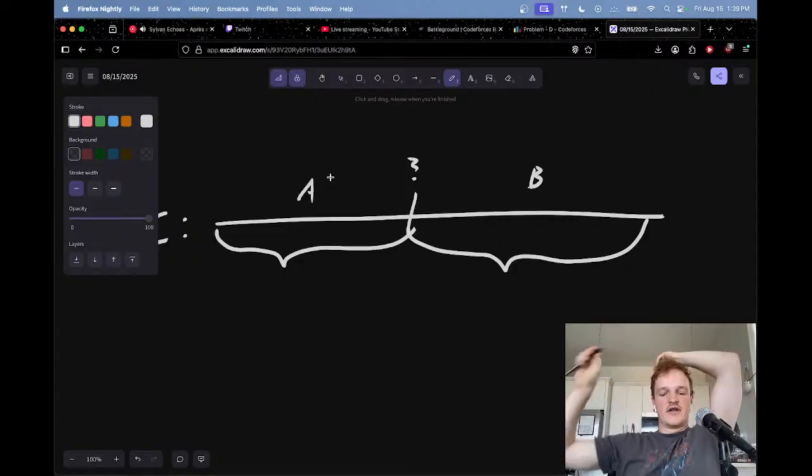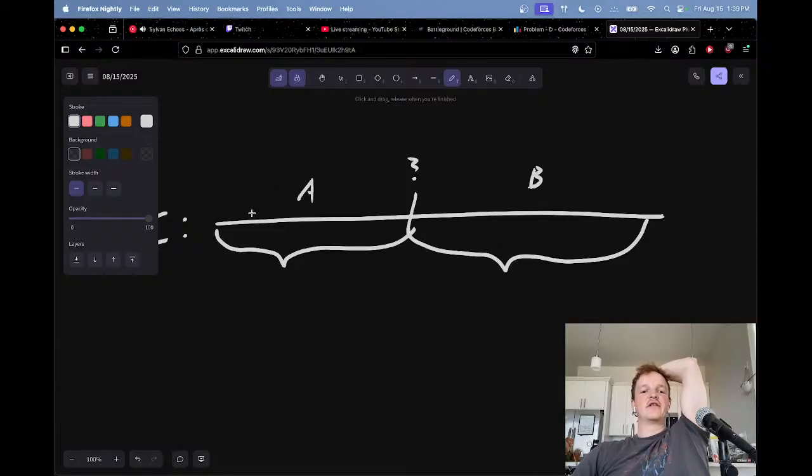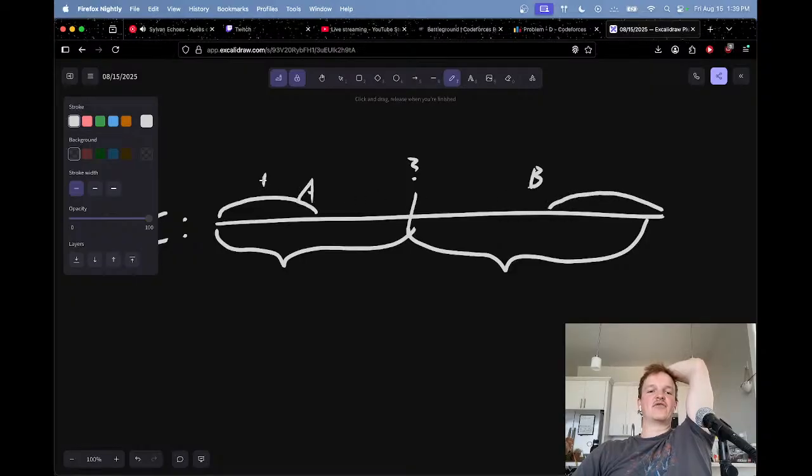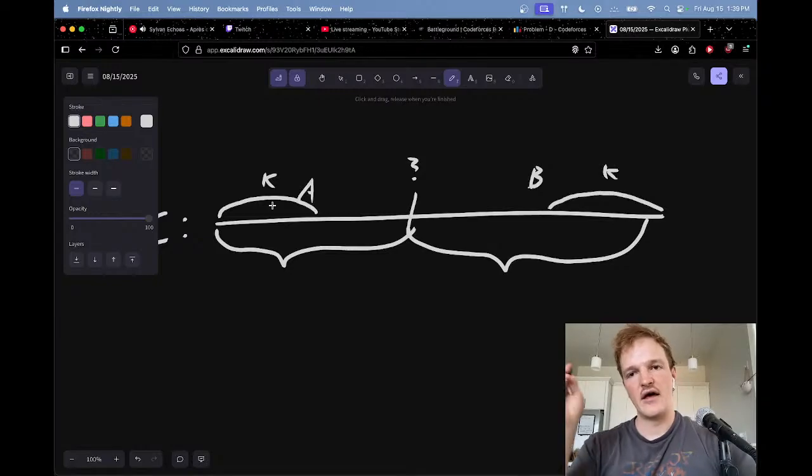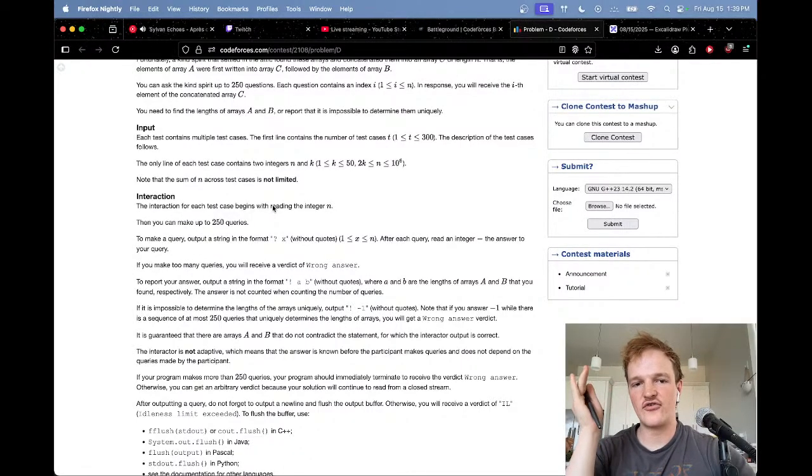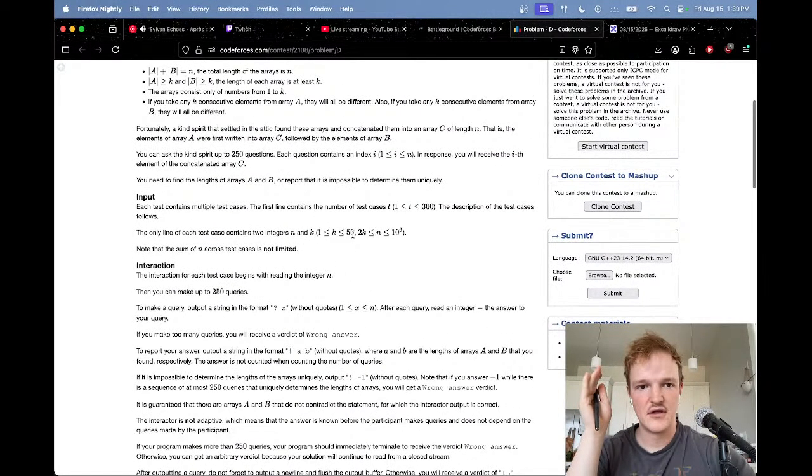So I think what you want to do is find the periodicity of the first set of patterns in A, find the periodicity of the last set of patterns in B, and say, okay, this is the exact 50 element pattern in B and in A. That would cost you at most 100 of your questions.